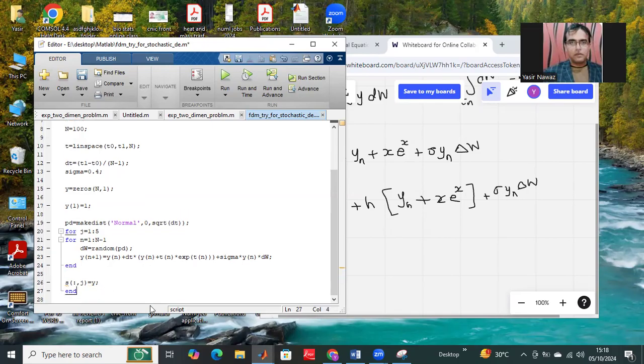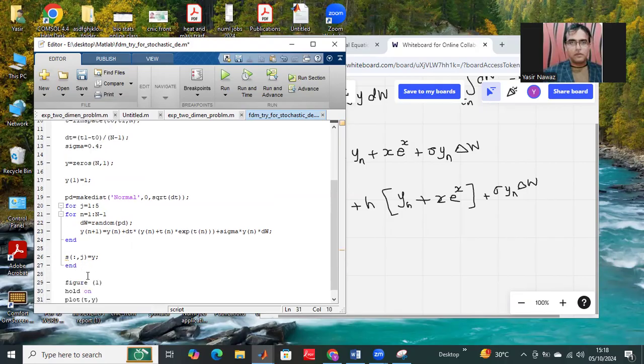So I will try to find the average of everything. The average would be, I will write every solution: S1 plus S2 plus and so on, divided by 5.